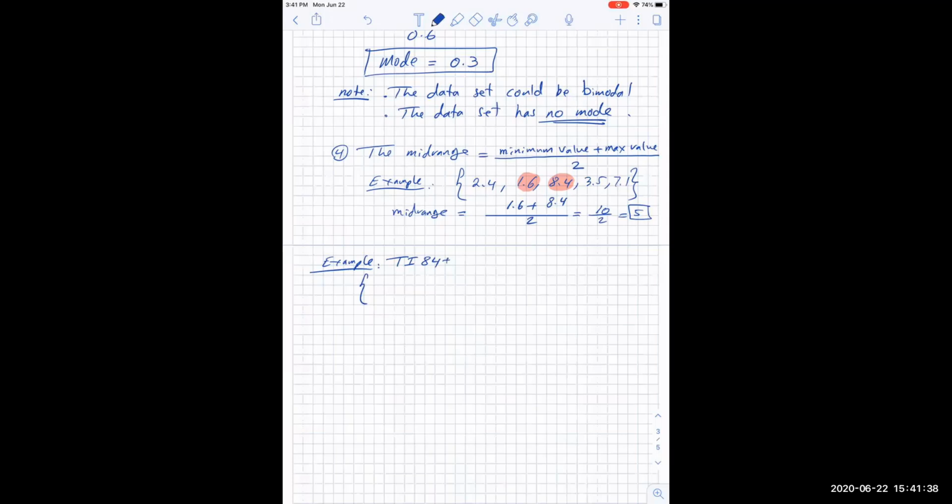So let me give you this sample data. I have 2, 4, 6, 8, 10, 12, 14 values, and it's 14. This is again a sample.